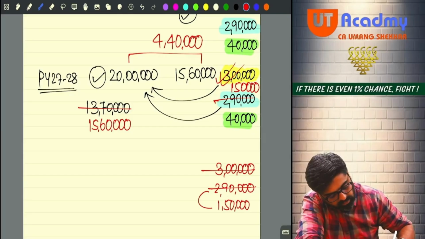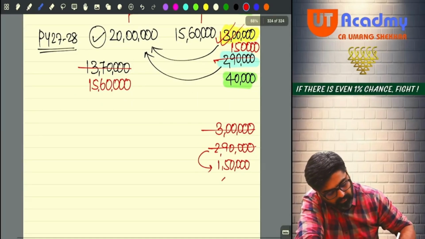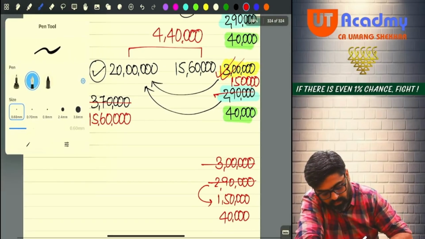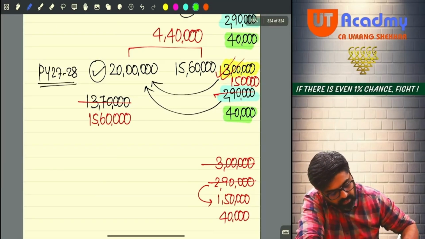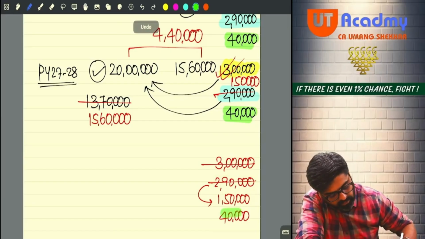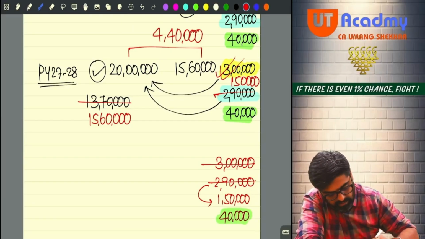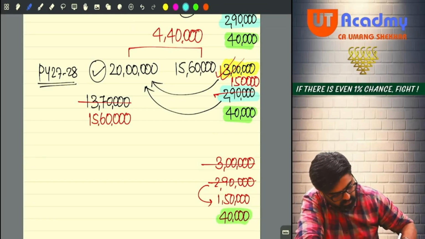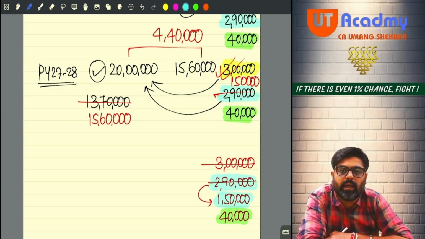Yes or no? And that 40,000 entirely will remain. So tell me, this 290, this 40,000, and out of this 290, how much remains? 150. I have done the same coloring so that you can identify.